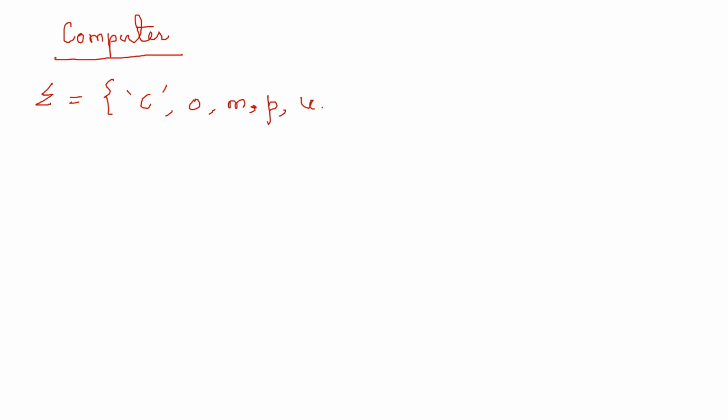So now we are going to write the production rule for generating the word computer using regular grammar. What is actually the input here? C O M P U T E R. So totally 8 characters. Using these 8 characters, we can generate 8 factorial possibilities of words.